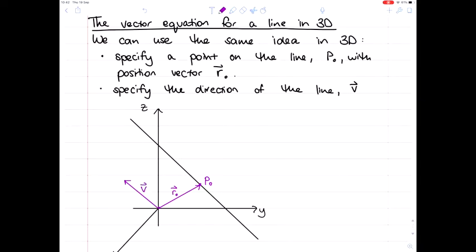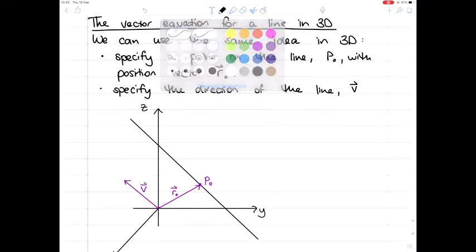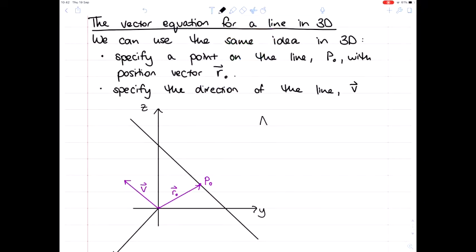Then I claim, and we're going to have a look and see how this works, that any point on this line can be written as xyz, so that's the point or the position vector of the point.